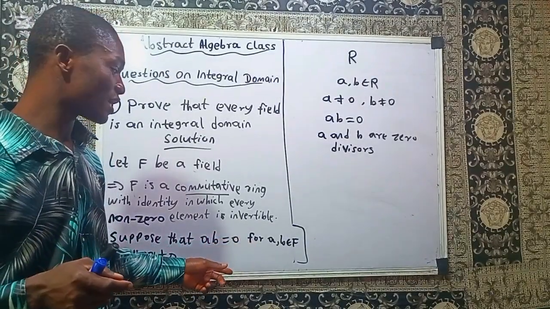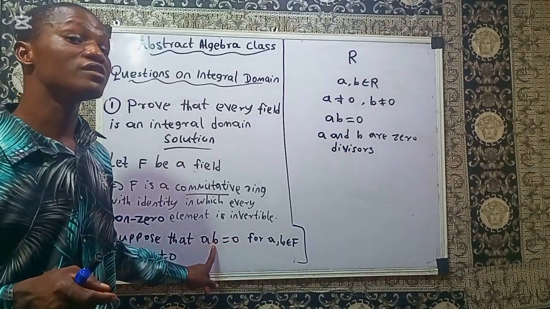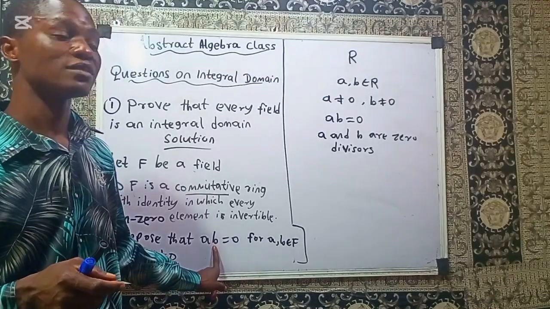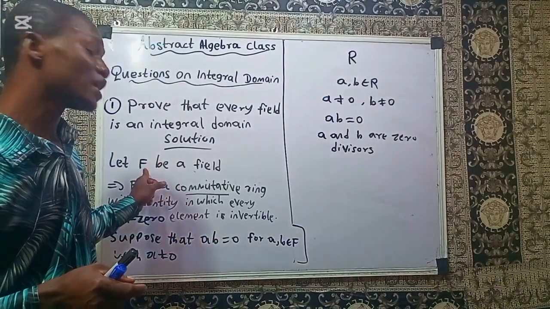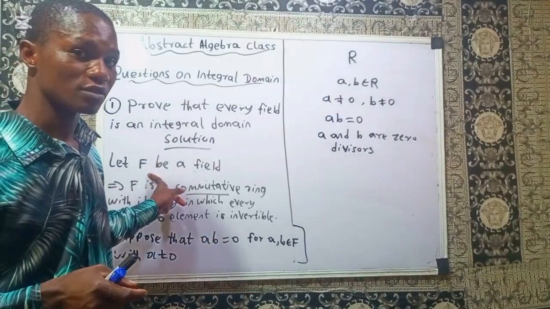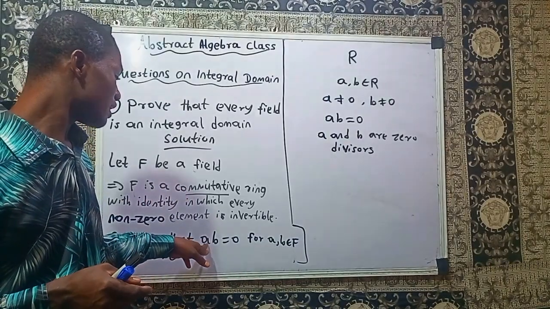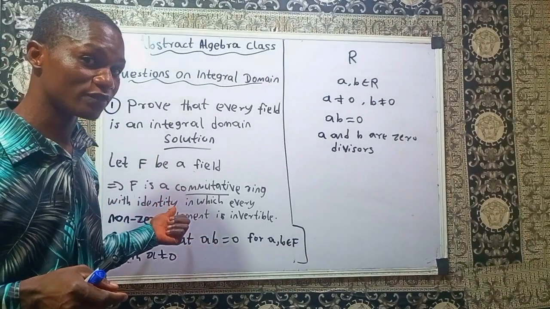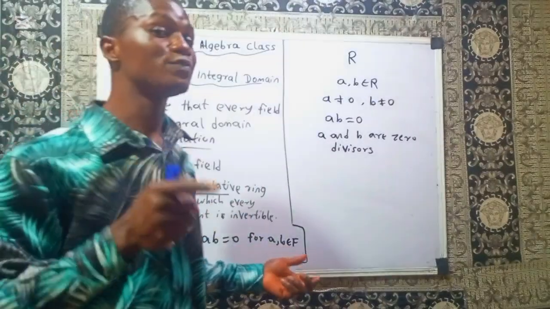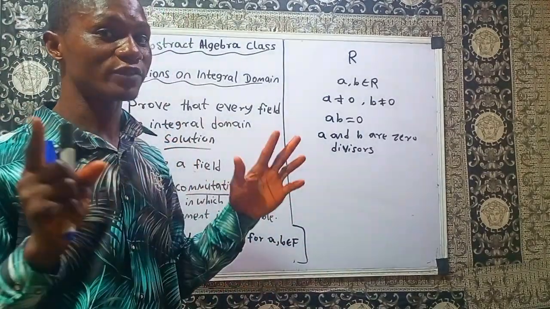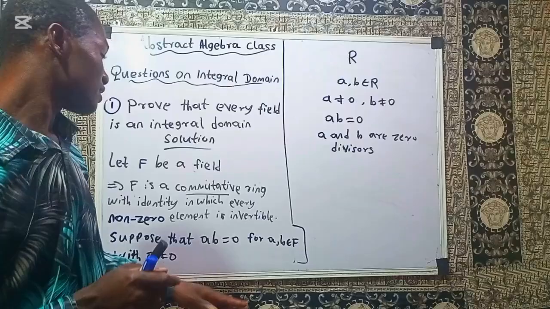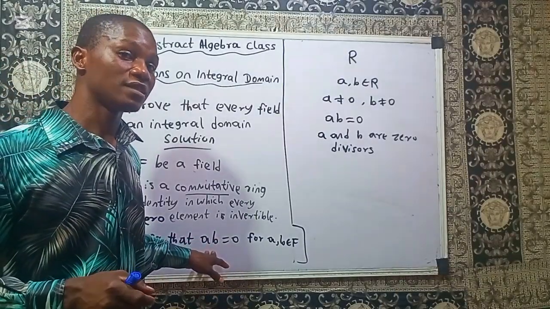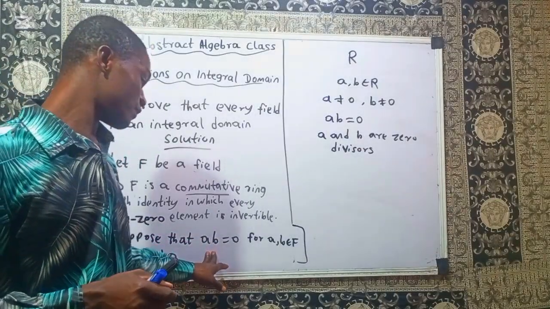If we can show that b is 0, it means the field F has no zero divisors, because if a times b is 0 and one of them is 0, there are no zero divisors. But if a times b is 0 and none of them is 0, that's a zero divisor.